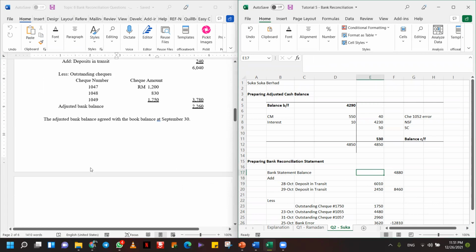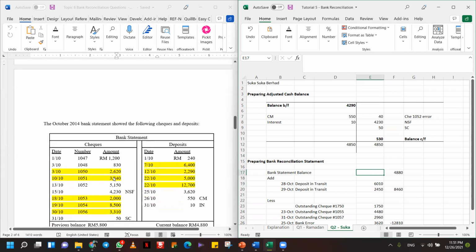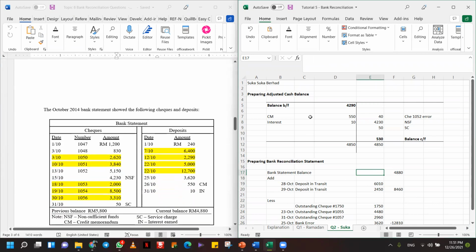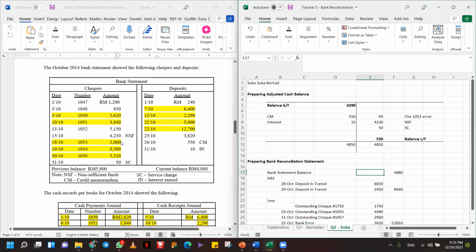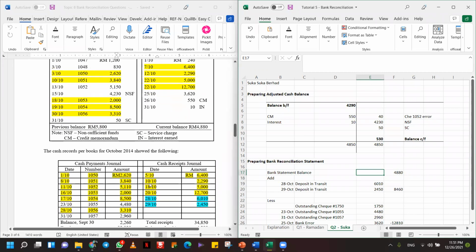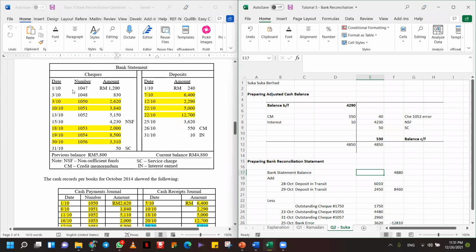The first one being, when we did our adjusted cash balance, we have to look at what is there in the bank statement but is not there in the cash balance. These were the entries in the bank statement that we found were not there in the cash balance.